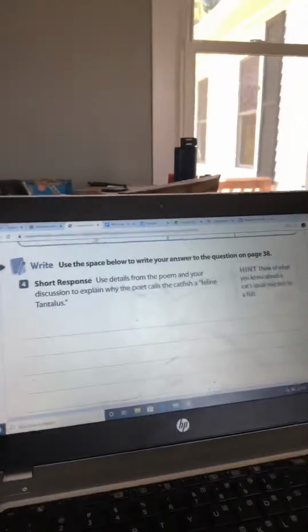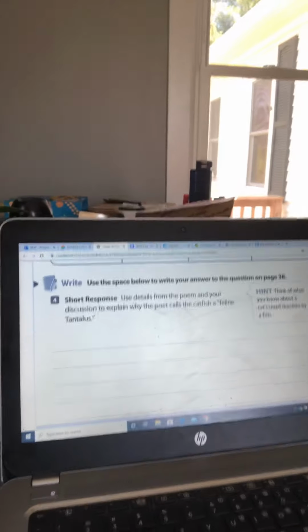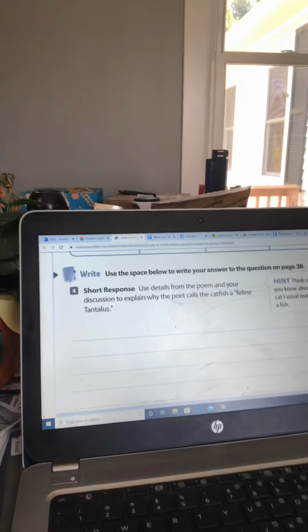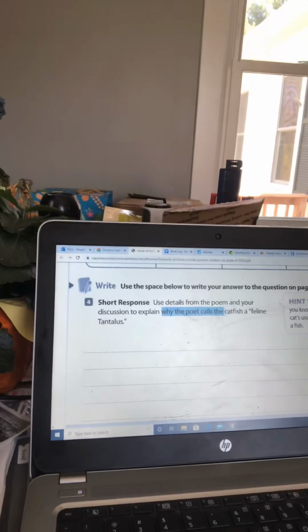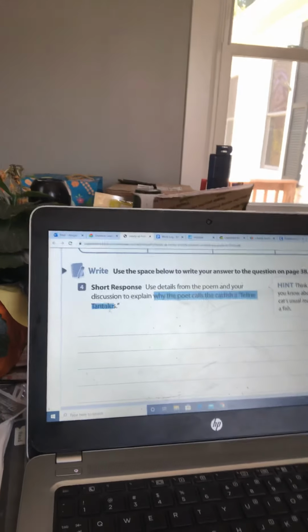So, short response. Oh, do we want to do that today? I guess we're only at 12 minutes. We might as well, since it's fresh in our head. Here we go. Short response. Use details from the poem and your discussion to explain why the poet calls the catfish a feline Tantalus. So we already have all our information. Let's rephrase it.